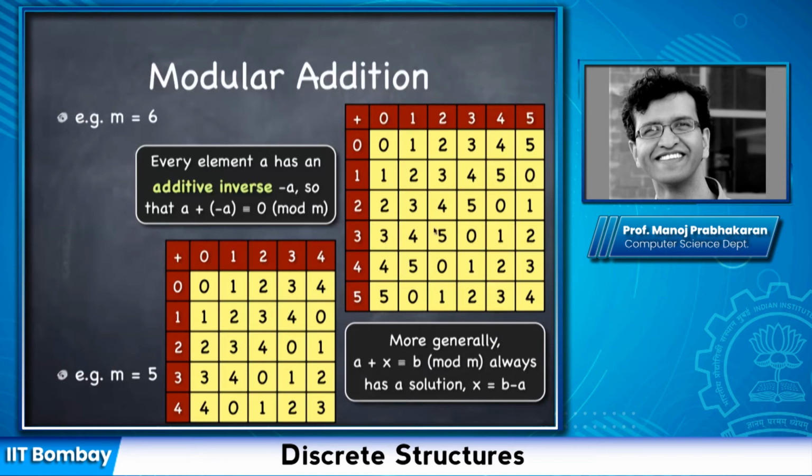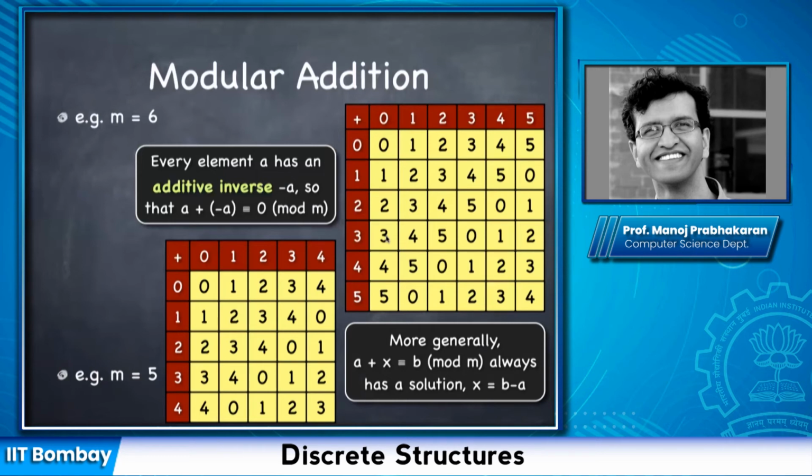You will be able to find some cell in this row that has that value, any value in the range 0 to 5. So another way to say that is every row is simply a permutation of the values 0 to 5. So this is something different from integers, and it is true for integers, except that in integers it's an infinite set.